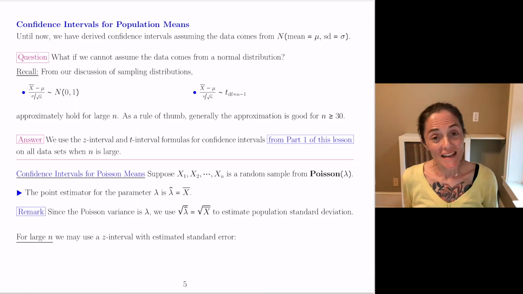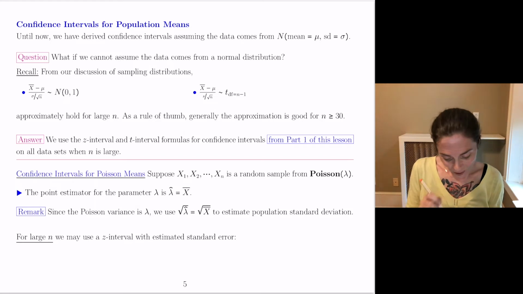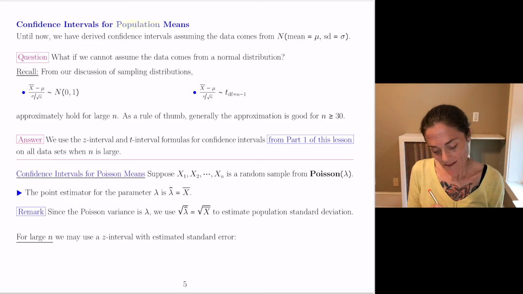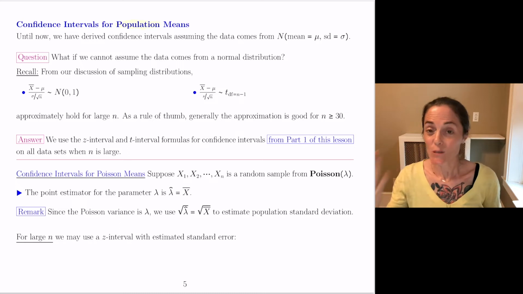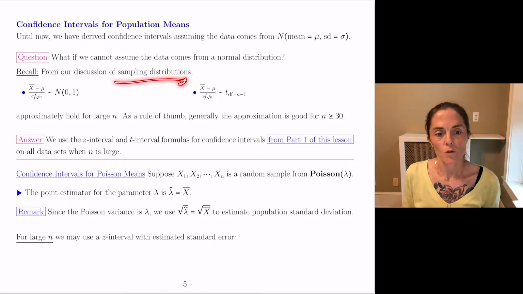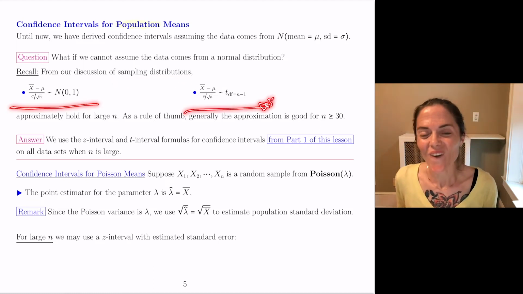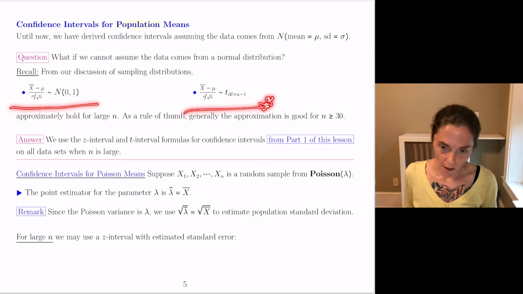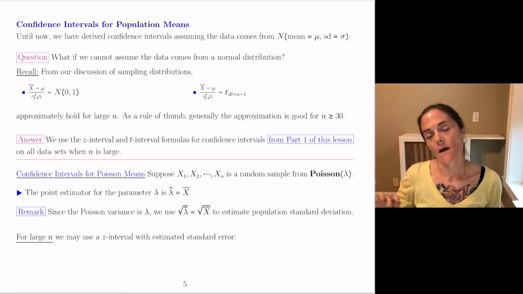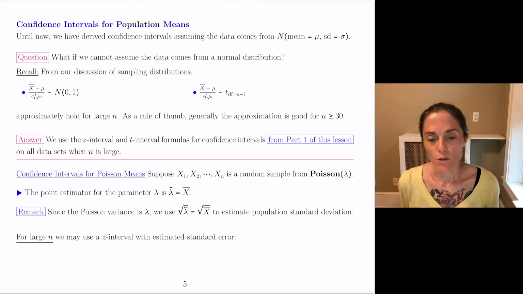Well, the question is, what if we do not have this assumption? So when we're dealing with population means, it's wonderful. If you recall, when we discussed sampling distributions, these approximately hold as long as n is very large. As a rule of thumb, the approximation is good when you have at least n equals 30.